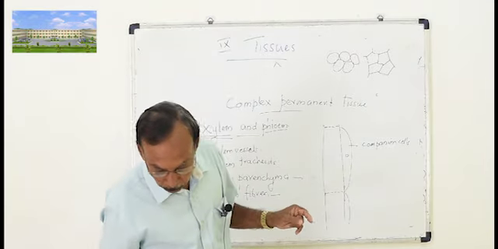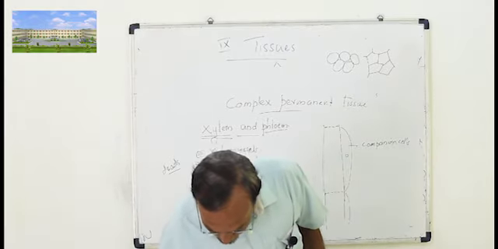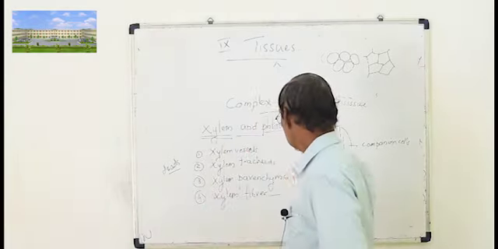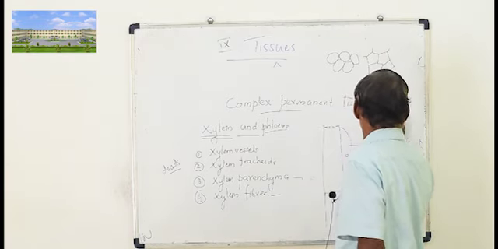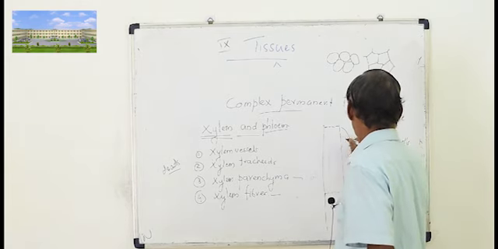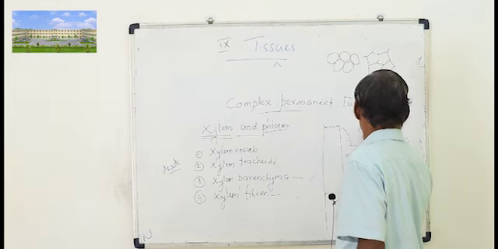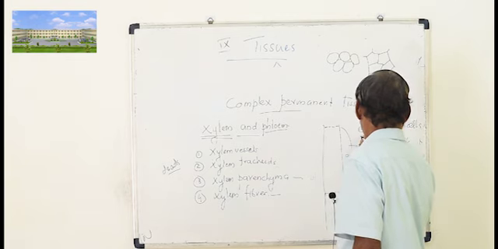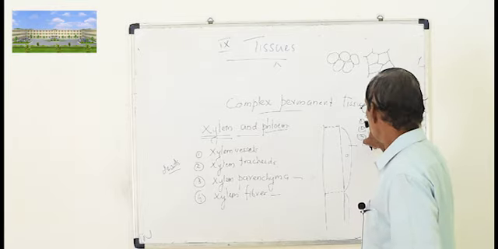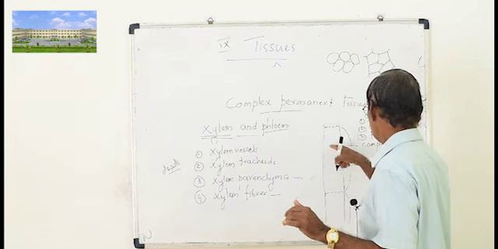Other important structures are phloem fibers and phloem parenchyma. This is the sieve tube, and this the companion cell. The sieve tube transports food material, and the companion cell, close to the sieve tube, controls its activities.